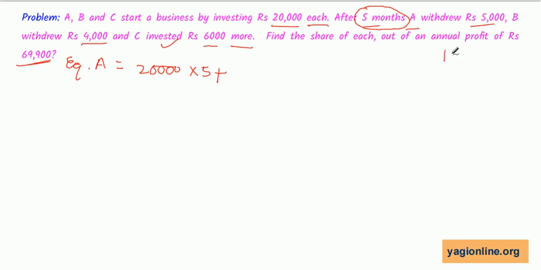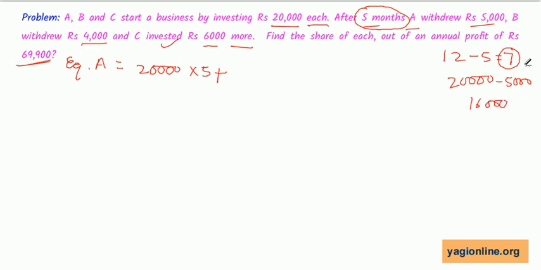So 12 minus 5. How much is it? 7 months are remaining. For the next 7 months, how much is the investment of A? It was 20,000 for 5 months, but then he withdrew rupees 5,000. So how much is remaining? 20,000 minus 5,000, that is 16,000 remaining.